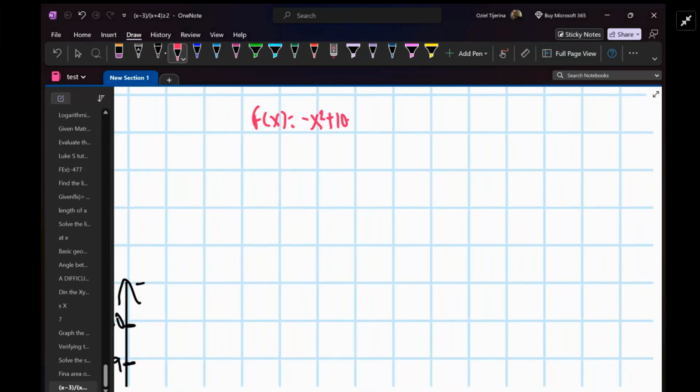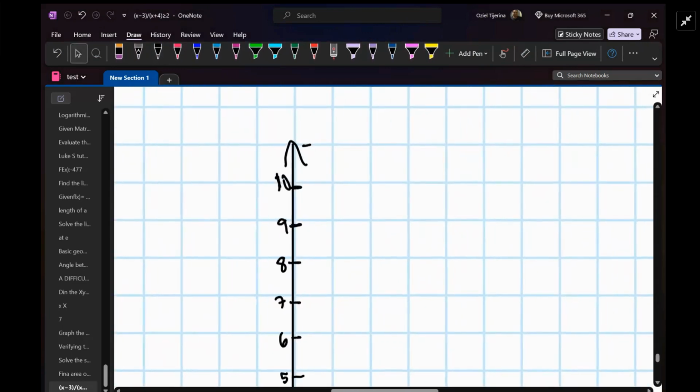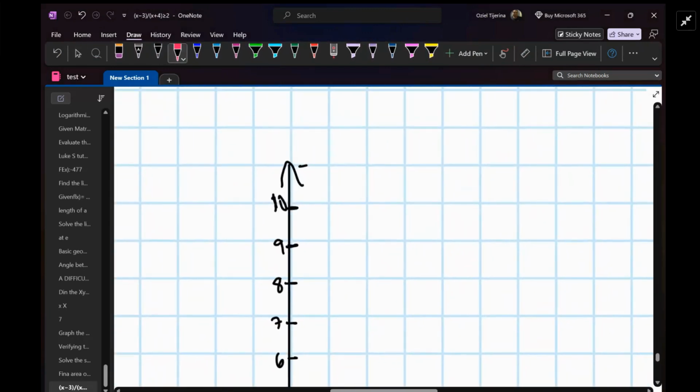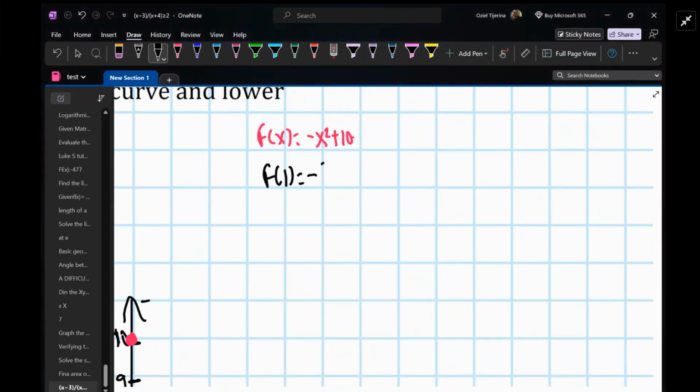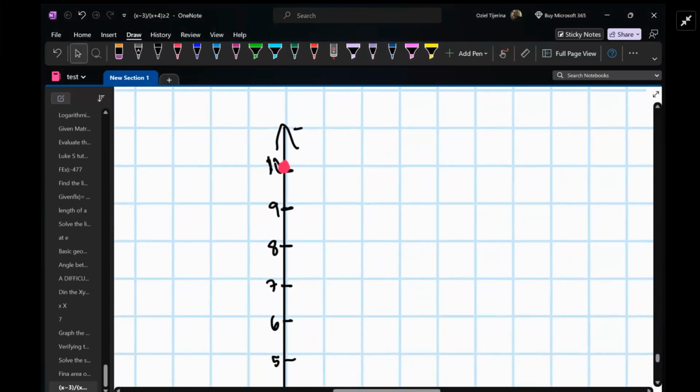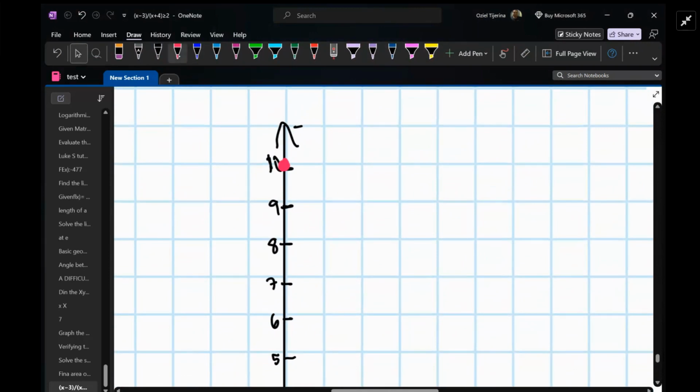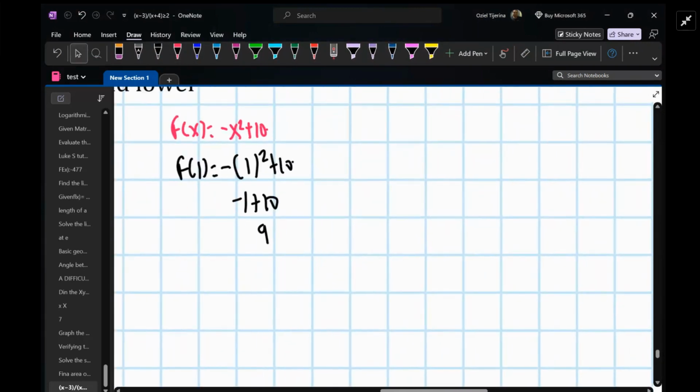When x equals 0, of course, y is equal to 10, so we want to put this in here like this. When x equals 1, f of 1 is negative the quantity 1 squared plus 10, which is negative 1 plus 10, which is 9. So we want to plot the point 1, 9. And you want to plot as many points as possible.